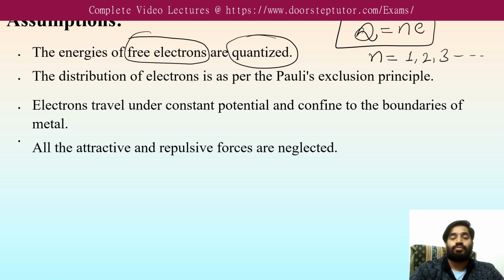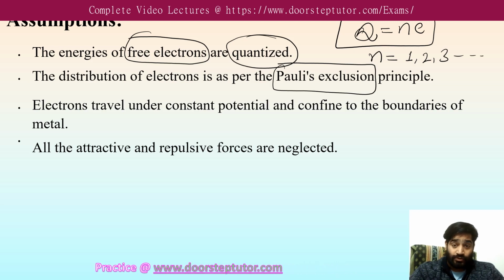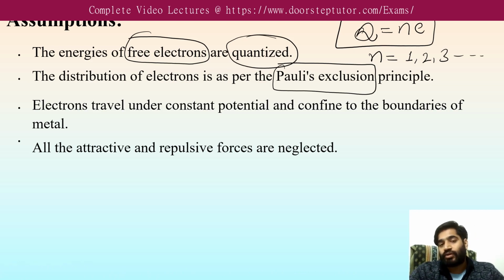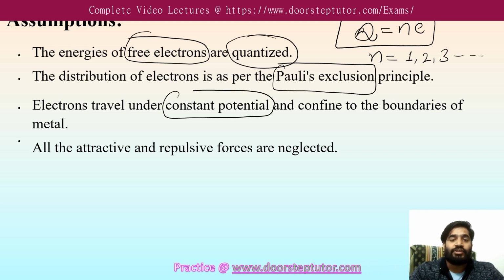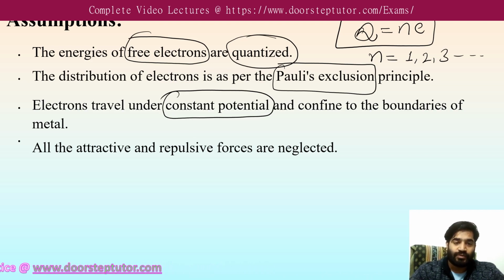It follows Pauli's exclusion principle, because it follows Fermi-Dirac statistics. When the electron is traveling, it has certain defined boundaries; it cannot go to infinity. So the potential should be constant, and cannot be infinite.